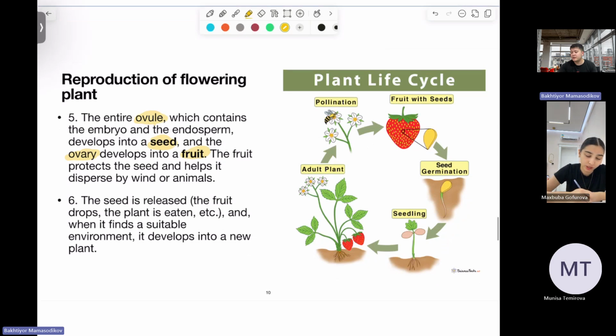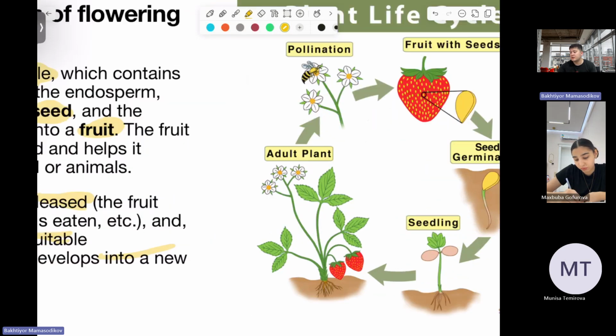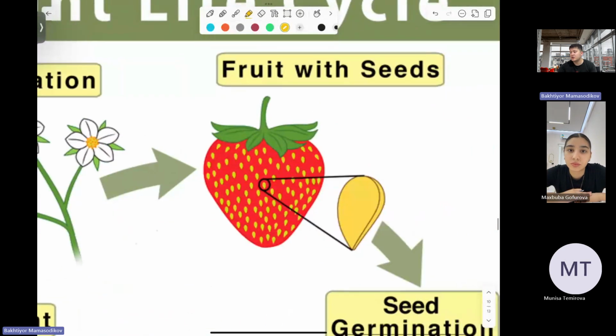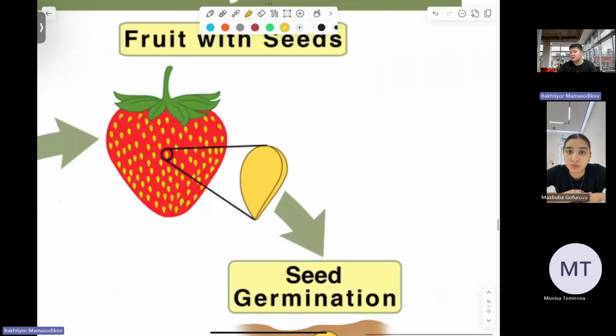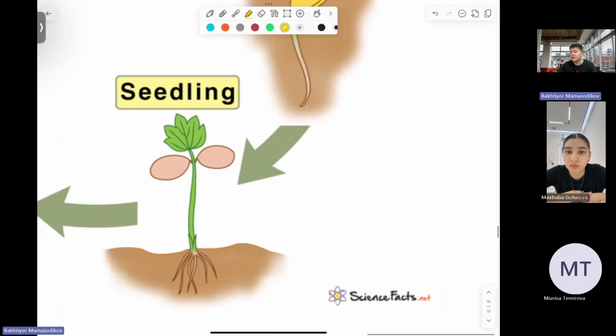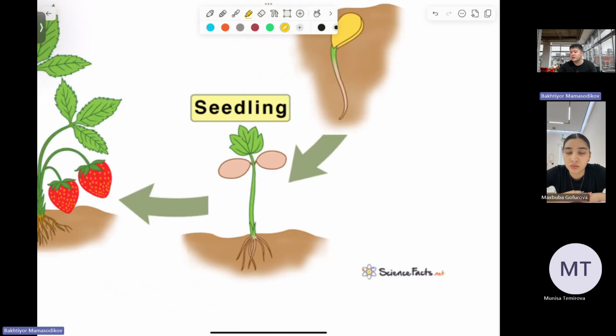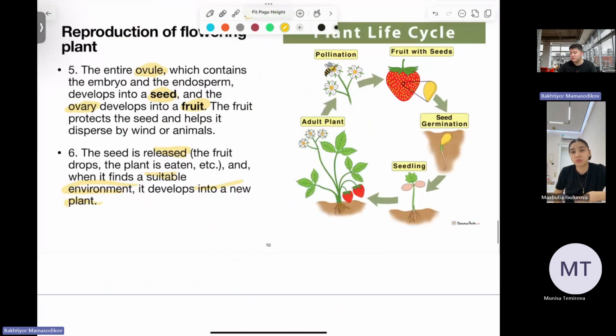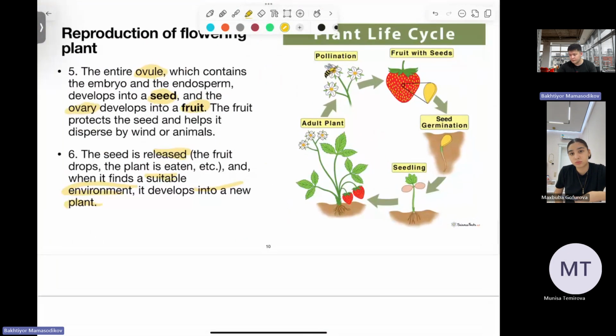The seed is released, and when it finds a suitable environment, develops into the new plant. As you can see, this is adult plant, this is the pollination, this is the fruit with the seeds, and this seed will go and germinate in the soil, and the seedling process will also happen here. So this is actually all about the plants.